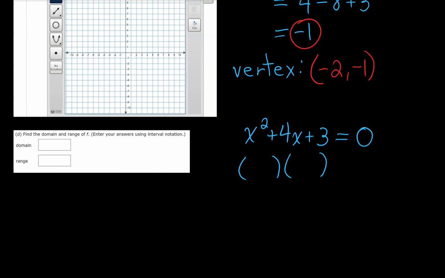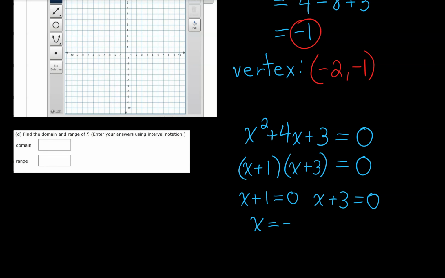So we need factors of 3 that add together and give us 4. So that would be plus 1, plus 3. We set both of these equal to 0 and solve for x. So we get negative 1 and negative 3.